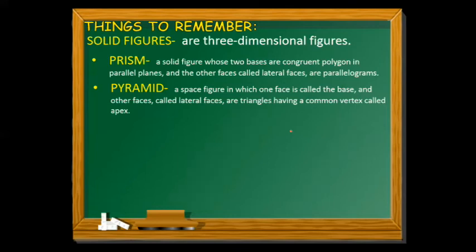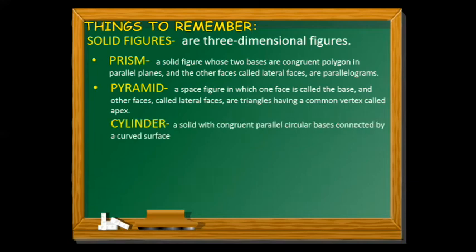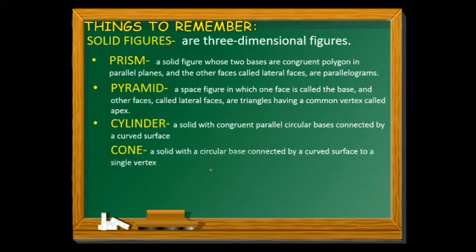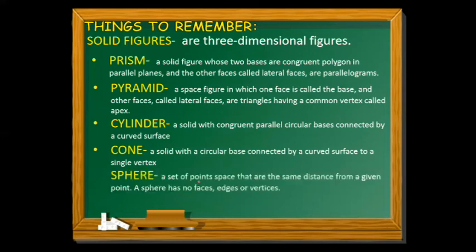We have the cylinder, a solid with congruent parallel circular bases connected by a curved surface. We have the cone, a solid with a circular base connected by a curved surface to a single vertex. And sphere, a set of points in space that are the same distance from a given point. A sphere has no faces, edges, or vertices.